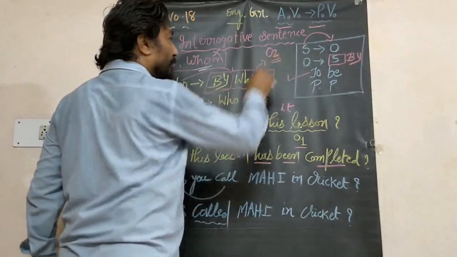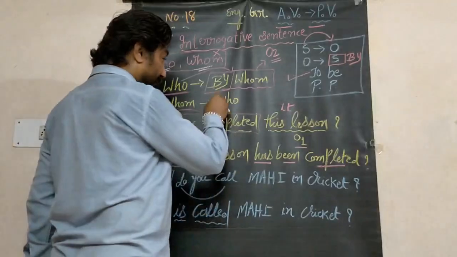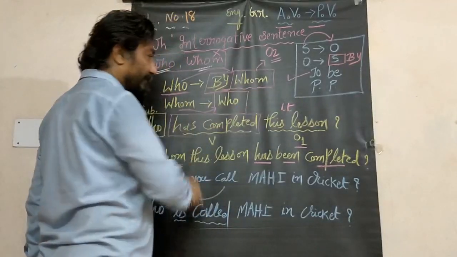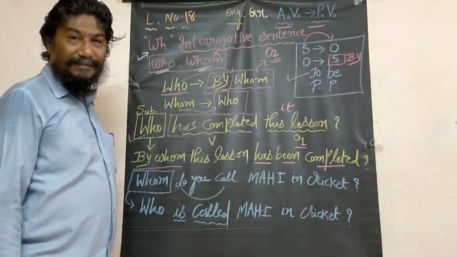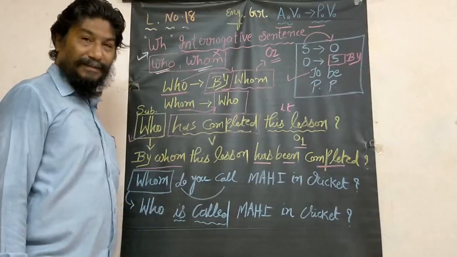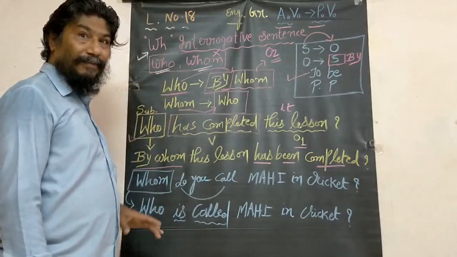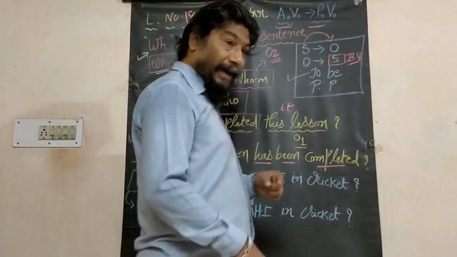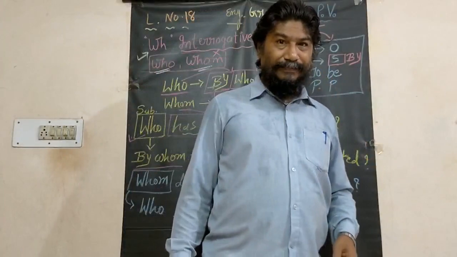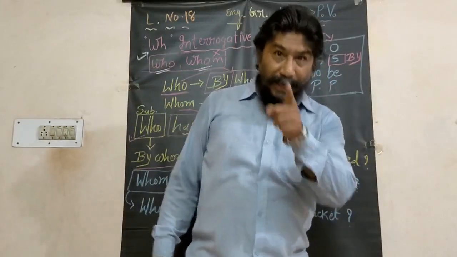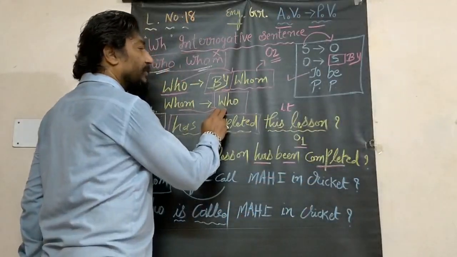Whom is equal to O2. OC form should be converted into NC form. NC form is equal to subject. And so that what we have done over here, who we have used. This thing you will keep in your mind. And so that only, when we converted me into I, at the time we did not use by I. We did not use by we. And so that, why? NC form. Here, by who is not used.